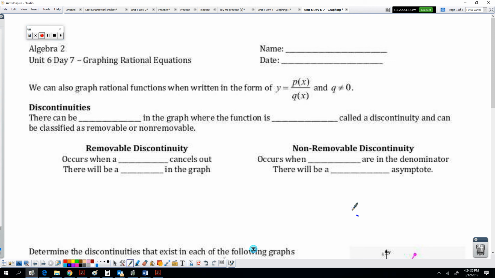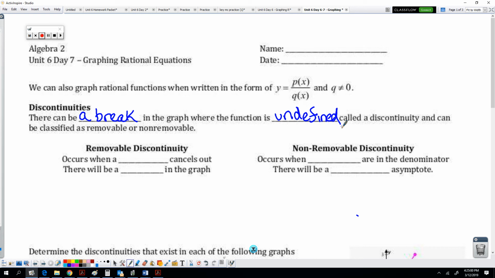Now, we have something called discontinuities, and it's going to be a break in the graph. That's what a discontinuity is. There's going to be a break in the graph where the function is undefined. And it can be classified as removable or non-removable.